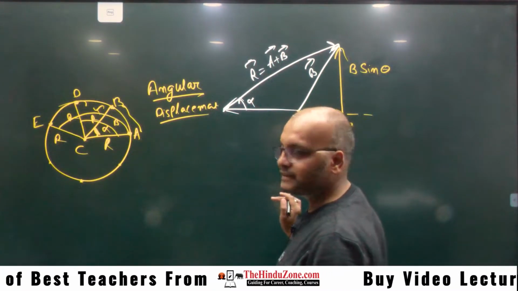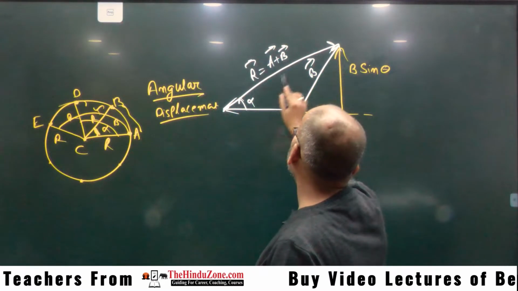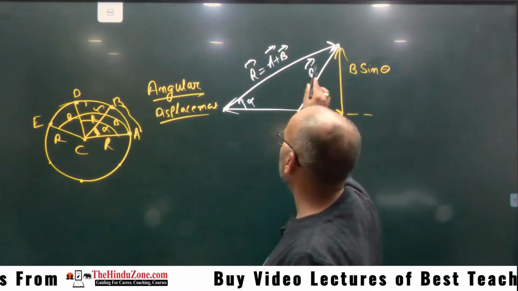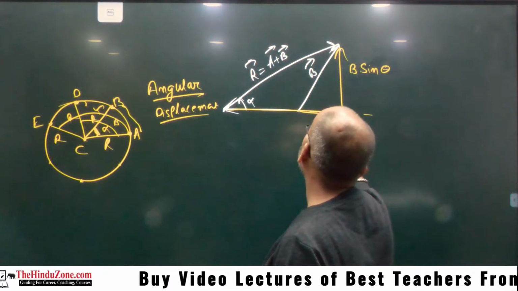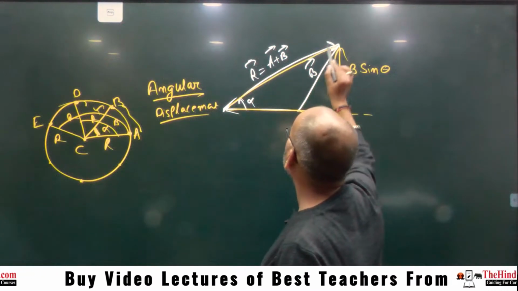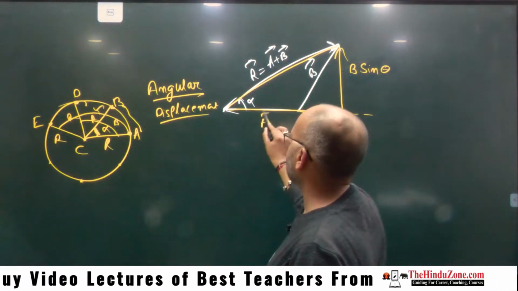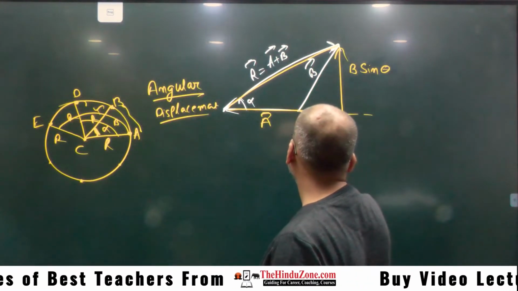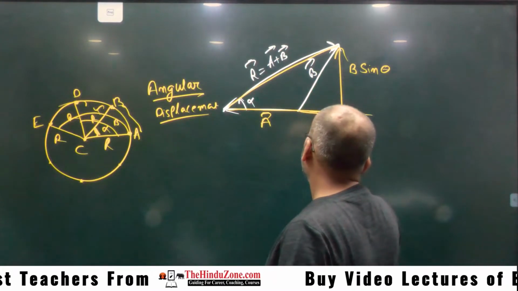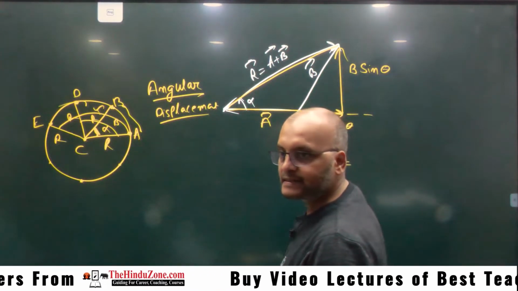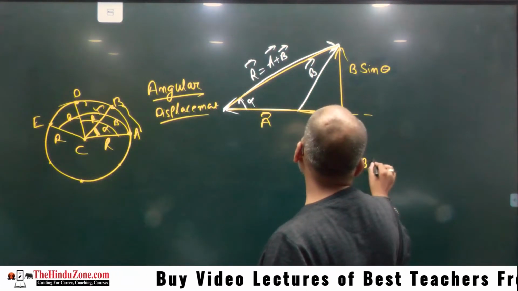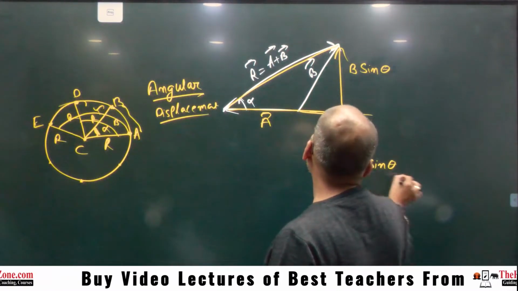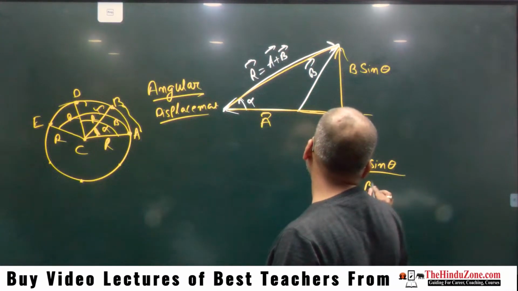Yes or no? Take this triangle, this yellow and this one, this bigger triangle. Okay, and this is your vector A. Fine. So tan alpha will be perpendicular upon base. What will be the perpendicular? B sin theta. What will be base? A plus B.